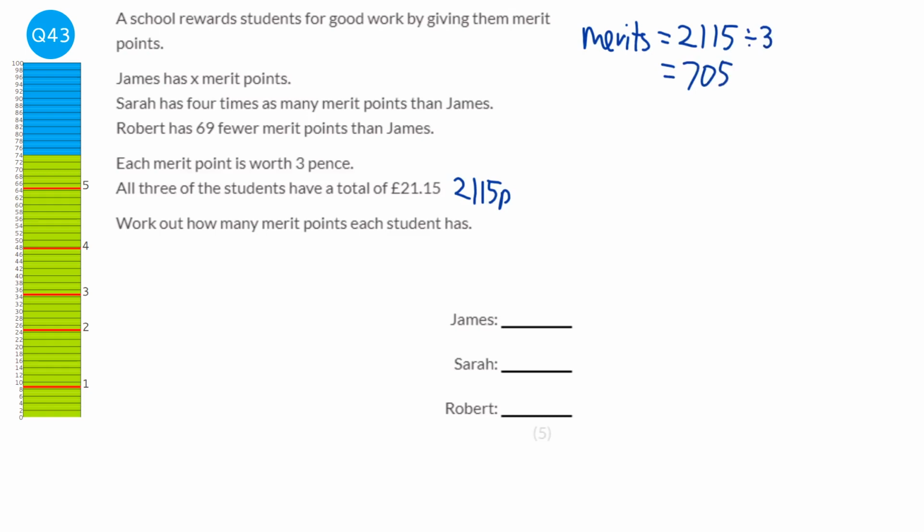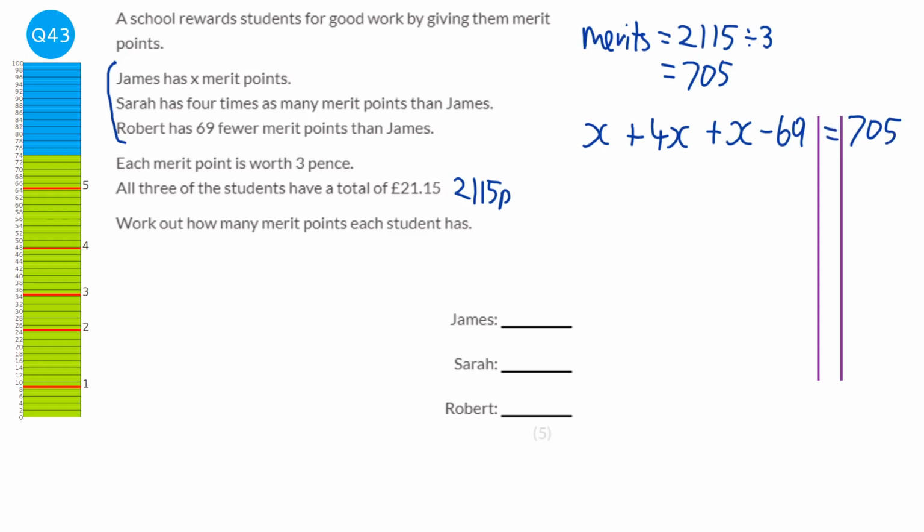Next, have a look at this part here, where it says James has x merit points. Sarah has 4 times as many points as James, so she's going to have 4x. Robert has 69 fewer merit points than James, so he's going to have x minus 69. And we know that that equals 705 because we've just worked that out.